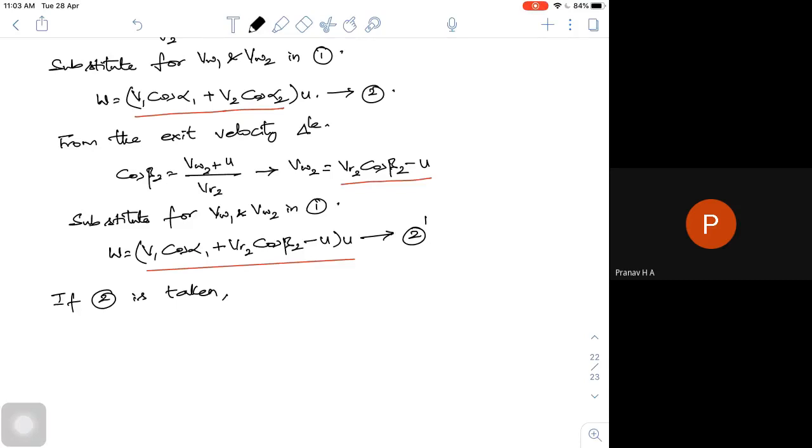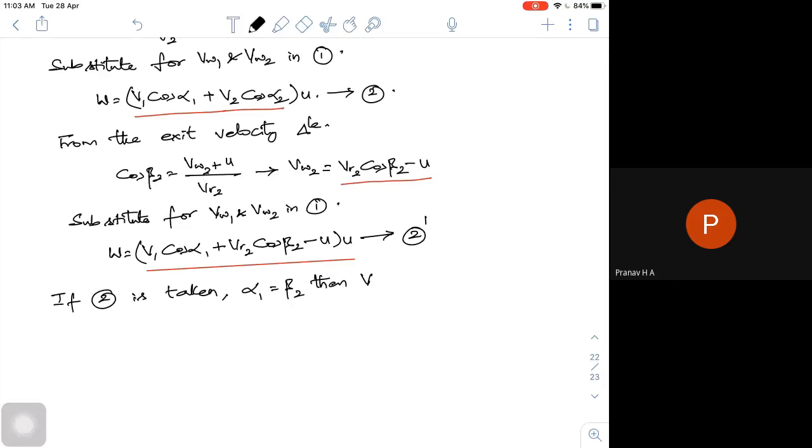If alpha 2 is equal to beta 1, then what will happen? My alpha 1 is equal to beta 2.